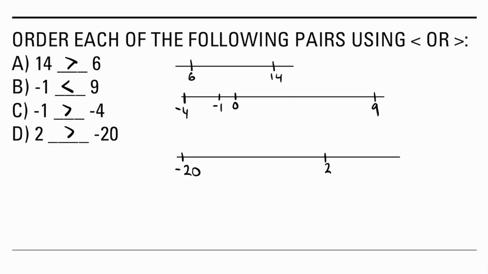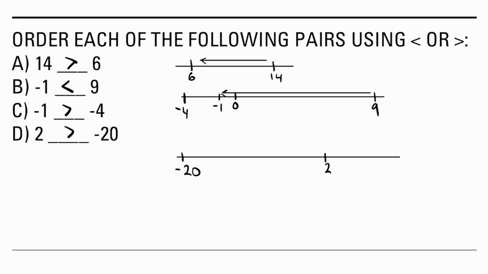So basically, if I draw an arrow from 14 to 6, I have to go left, which means that 14 must be larger than 6. Here, if I go from 9 to -1, -1 is to the left of 9.